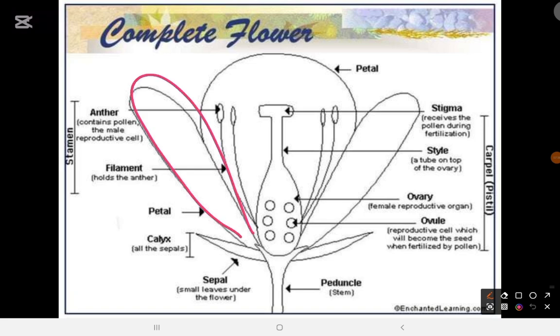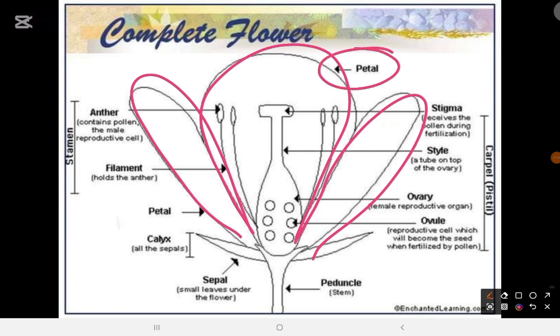Now these you see here are the petals. These three here are the petals. Remember the group of petals is called the corolla. And the group of sepals, you see the sepal is reduced here because the flower has become mature, so the sepal no longer serves the function of protecting the flower.